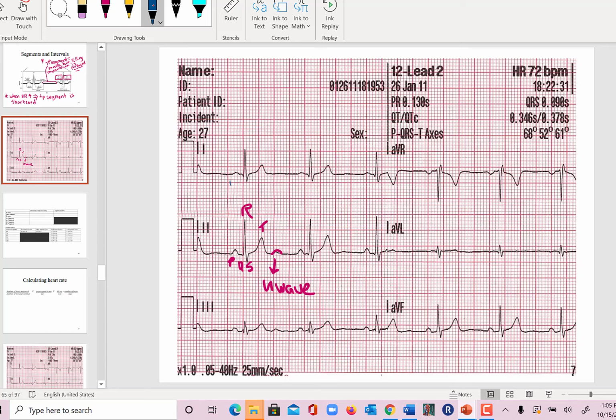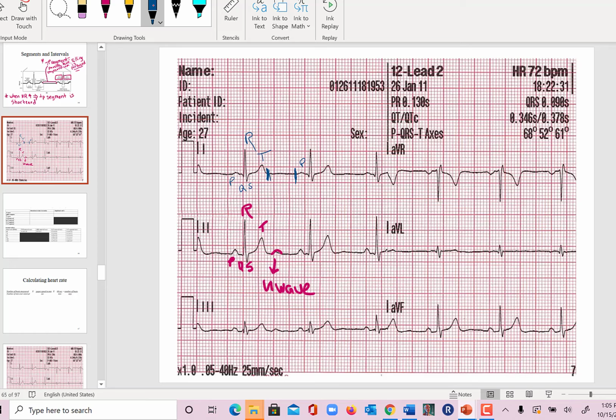Here is the P, the Q, the R, the S, the T, and here is the next P. Let's calculate the TP segment. Again, it will be your responsibility to know where you begin your measurement and where you end. A segment is a flat line.